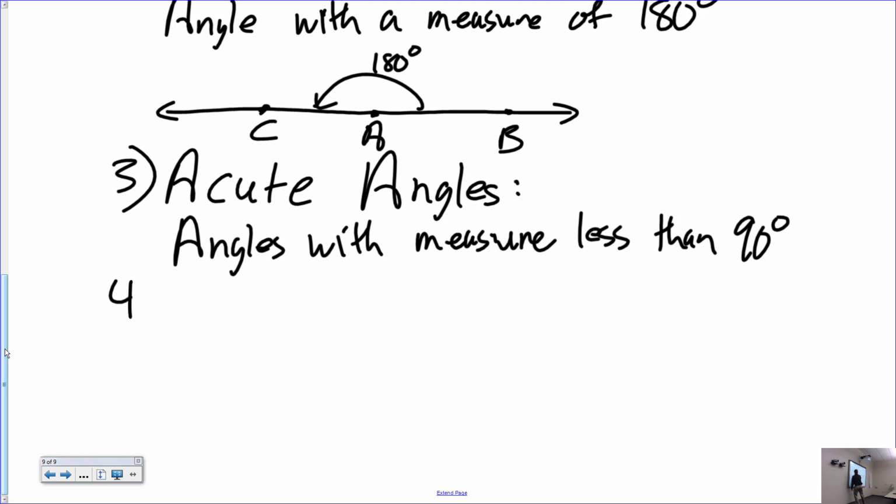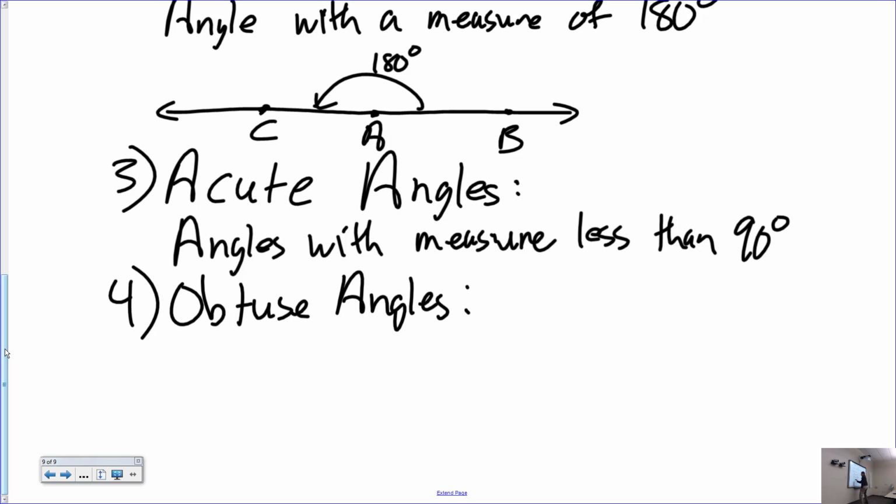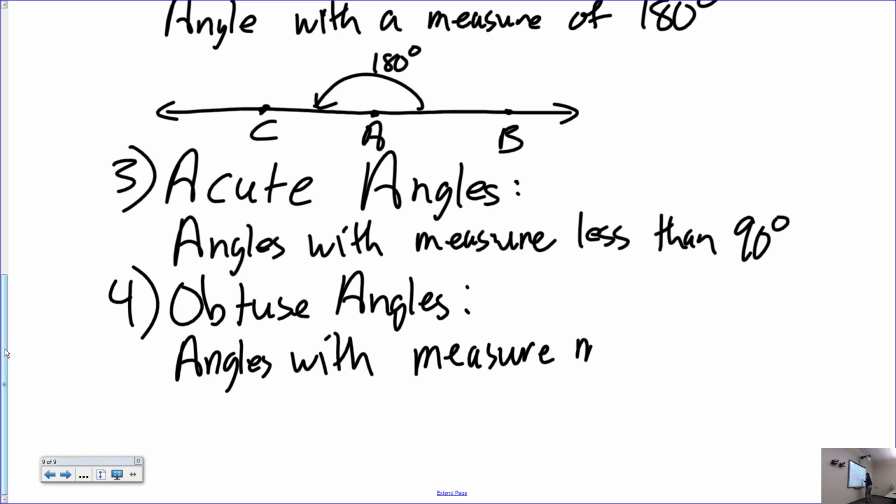And then the other side of the coin, obtuse angles: angles with a measure more than 90 degrees. Again, these are just terms. I'm not going to ask you about these two terms, but they're great Jeopardy questions. If you ever have to do Jeopardy and they ask you about geometry, I can guarantee you one of these two words will be used. This always is.